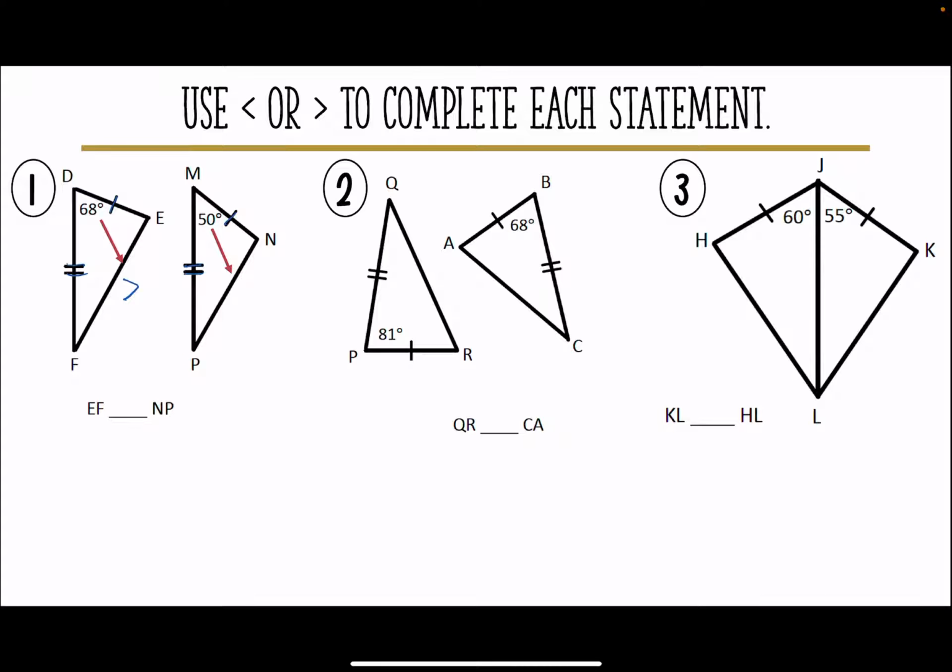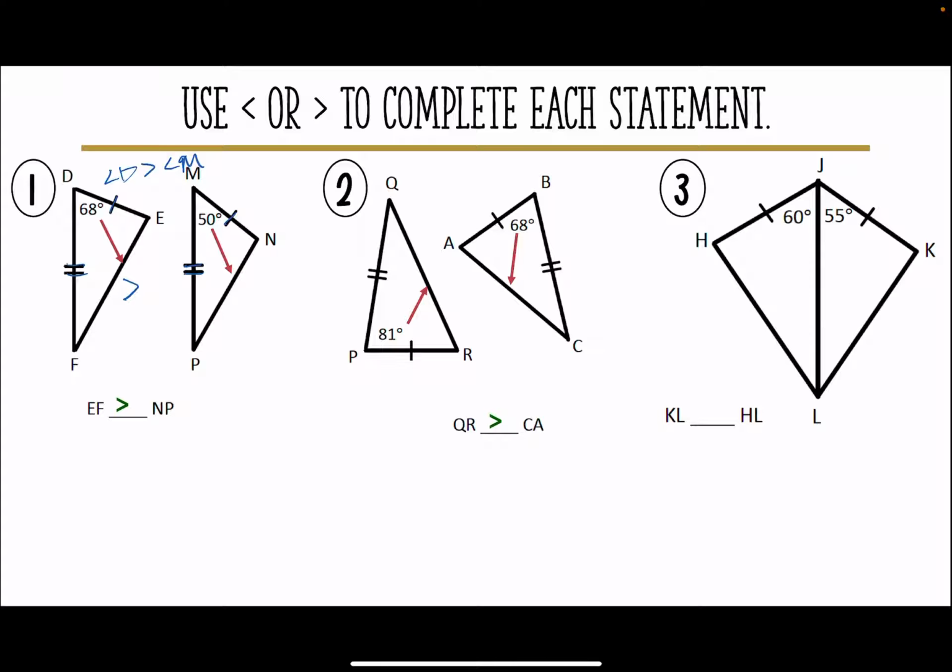That means EF is going to be greater than NP, since angle D was greater than angle M. All right, we're going to apply the same thing here with our angles. And this is, of course, using the actual Hinge theorem, not its converse. In this one, you'll notice QR is actually larger than CA because 81 is more than 68.